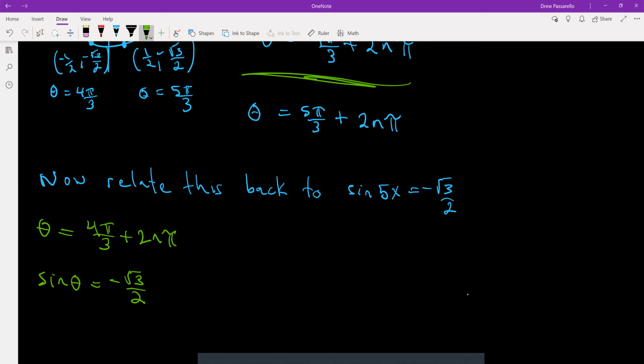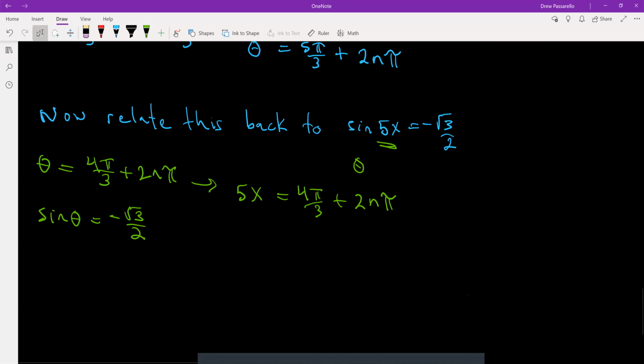So that means when I do 5x, use theta in place of 5x. So here, I would have 5x equal to 4 pi over 3 plus 2 times n pi. Then I need to get x by itself.